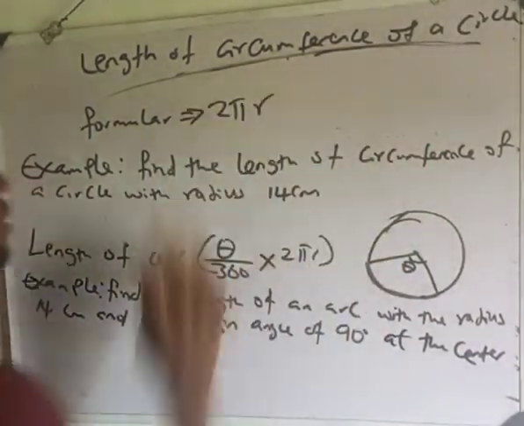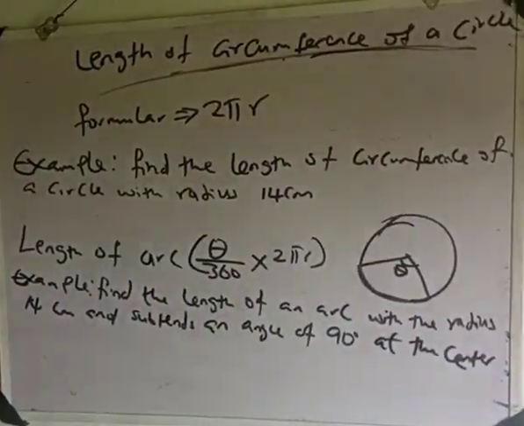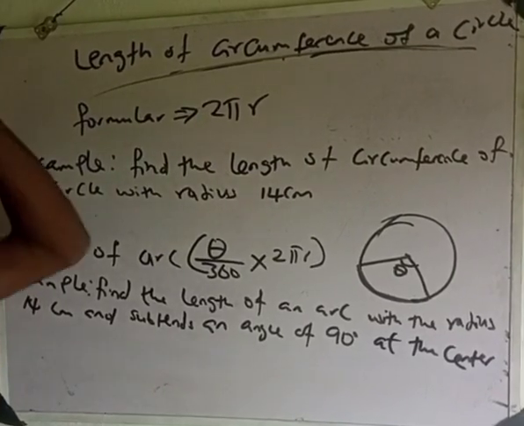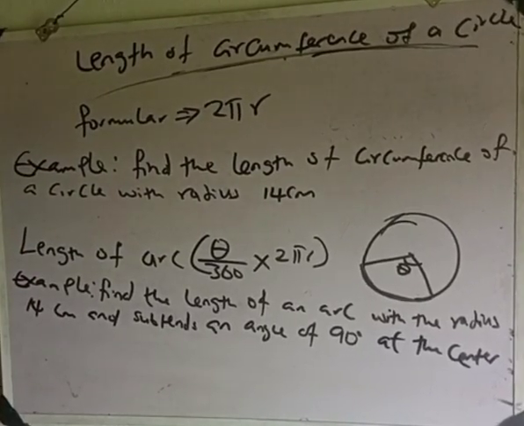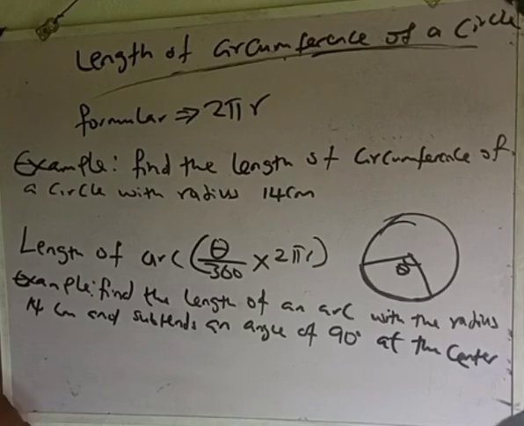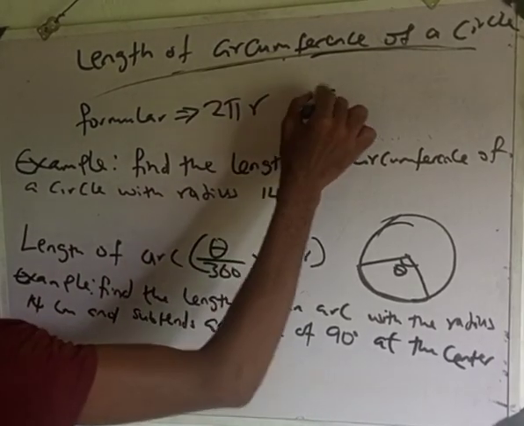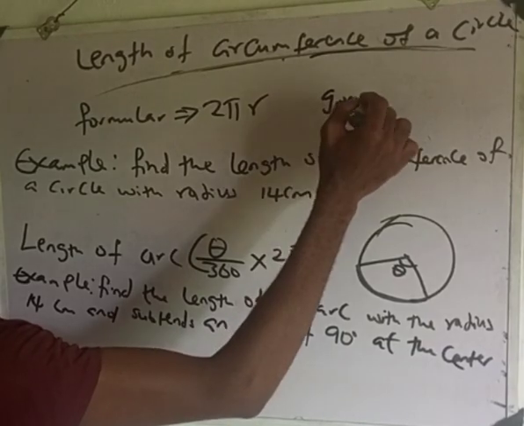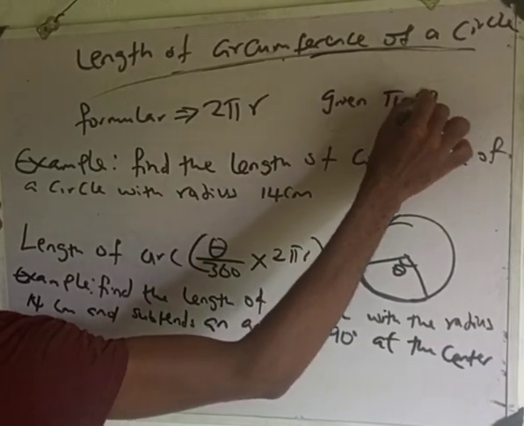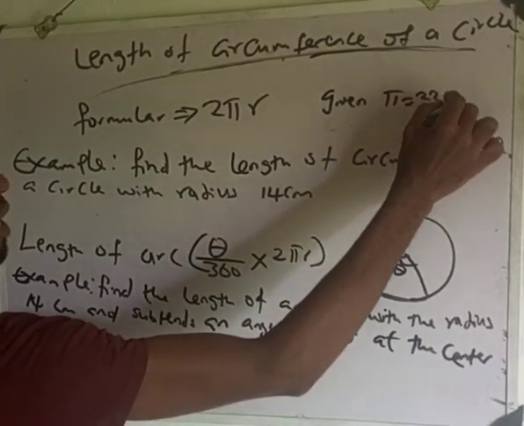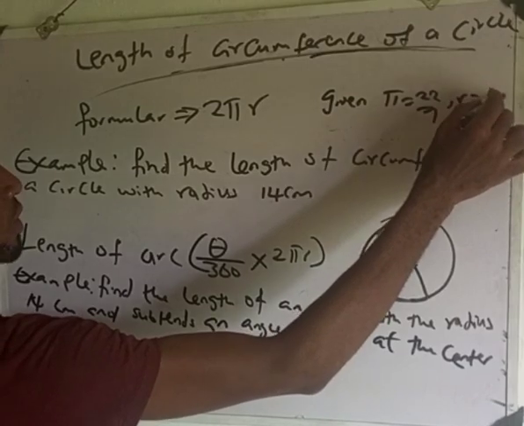So quickly, let me solve this exercise for you. Find the length of a circumference of a circle with radius 14 cm. Here we are given that pi, of course, is our 22/7. We have that r is equal to 14 cm.